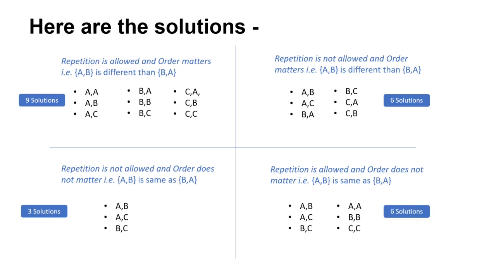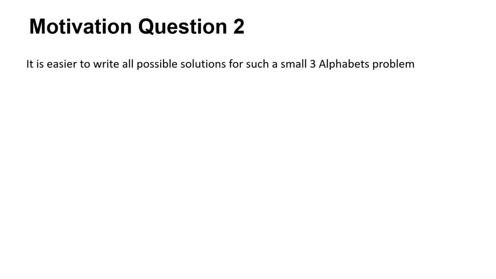So as you must have seen, there are different solutions depending on these two conditions. Take some time, pause the video once again, and just scratch through these concepts so that you are comfortable before moving forward. If you're comfortable with that, the next question we should be thinking through is that it is easier to write all possible combinations when we have only a small three-alphabet problem.